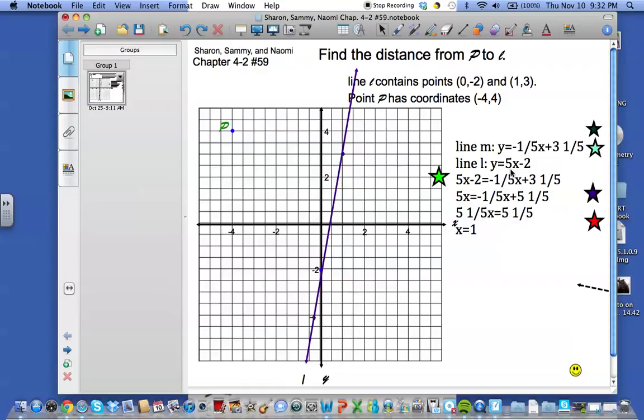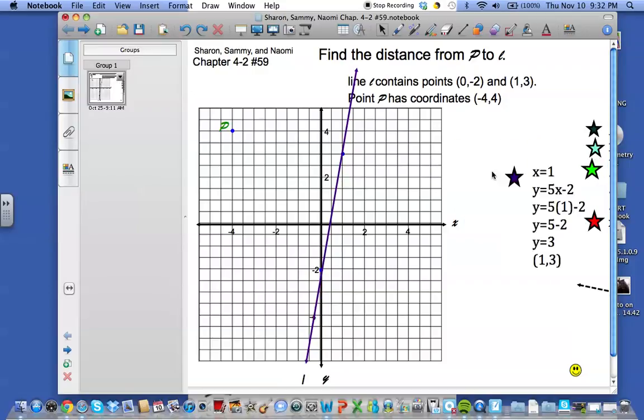So first we'll add 2 to both sides, and then we'll add 1/5 x to both sides, and then multiply the reciprocal of 5 1/5 x to both sides, and we'll have x equals 1.